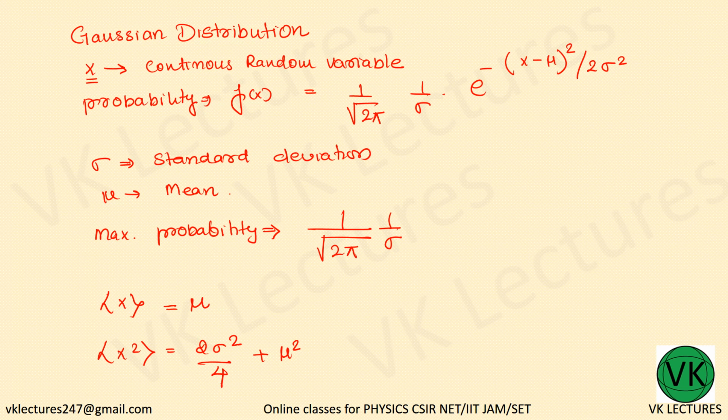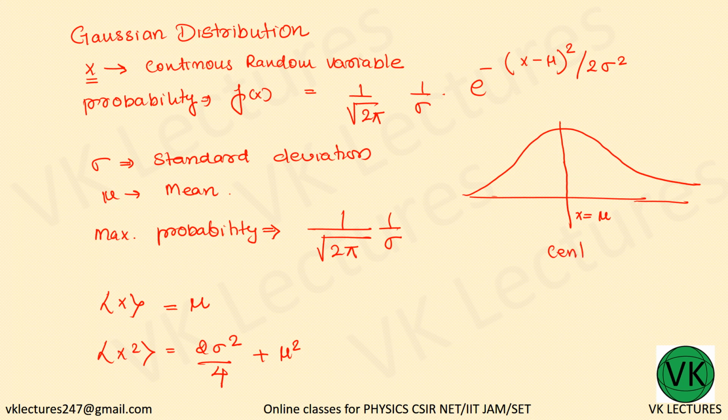So the Gaussian distribution is somewhat like this. This is x equal to mu here, so mu is the average. This is called the center of the Gaussian.